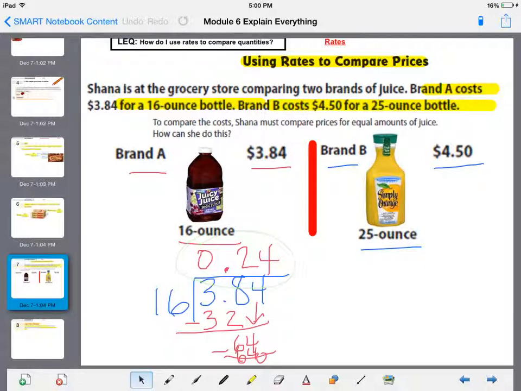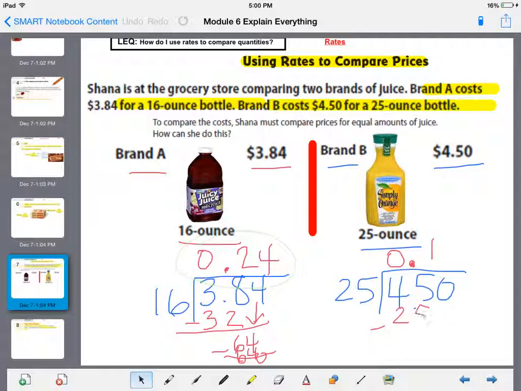Okay, let's go on then to the Simply Orange, in which we're paying $4.50 total. And we're going to divide that by the total ounces, which are 25. Let's divide that and see how much we're going to pay per ounce. So we bring up our decimal point. 25 does not go into 4, but it does go into 45 one time.